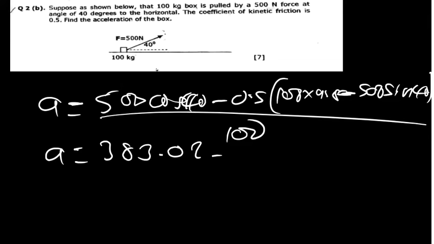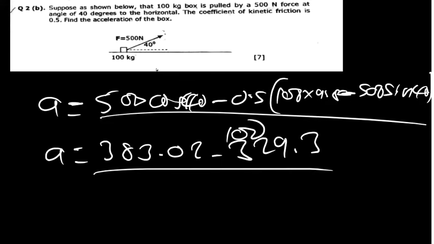So 980 minus 500 sine 40 is giving me 658.606, times 0.5. So this is giving me 329.3. So I'm going to divide this by 100.